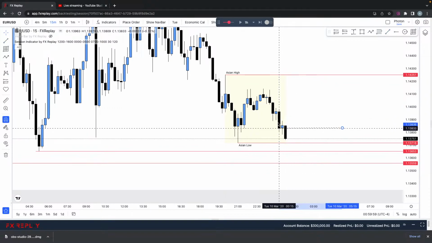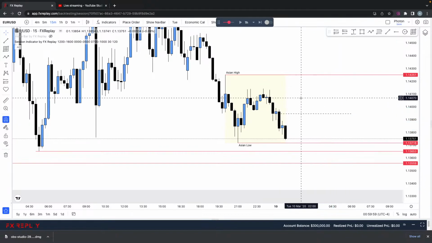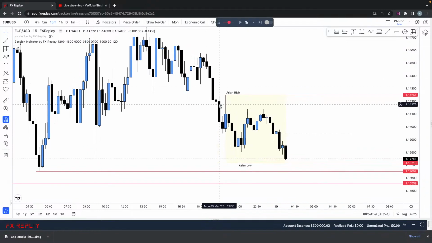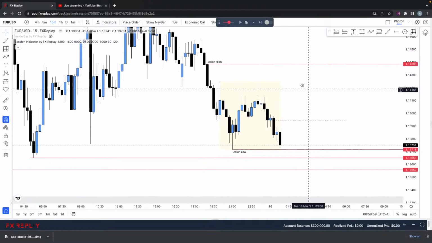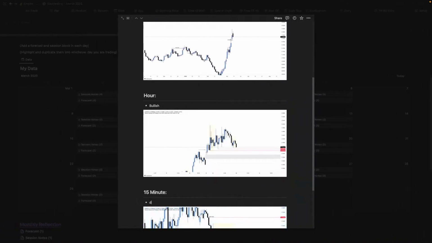No, that's not midnight. Midnight is there. So midnight opening price, Asian low. Asian high is actually 7 o'clock, so that's all the way up here. And now look for a power of 3, so a drop down, and then BMS up, so break of market structure up.